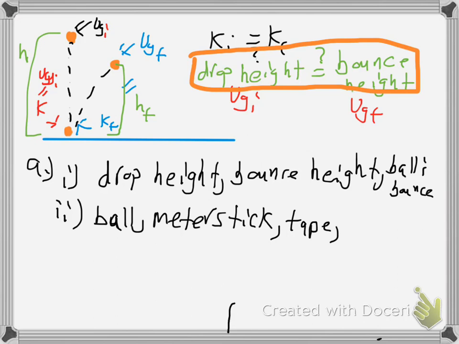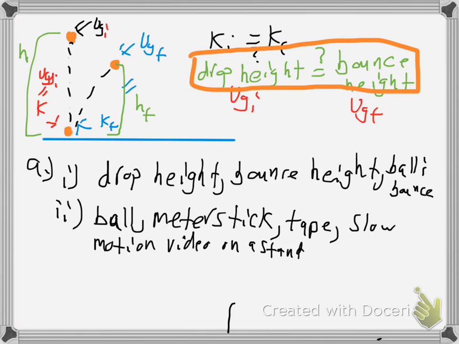And if we had a slow motion video, that's pretty standard equipment. A slow motion camera. Technically you could do this with photogates too, to measure the velocity, but if you're talking about the easiest, quickest way, all you have to do is drop it, measure the height you drop it from, and measure the height that it bounces up to.